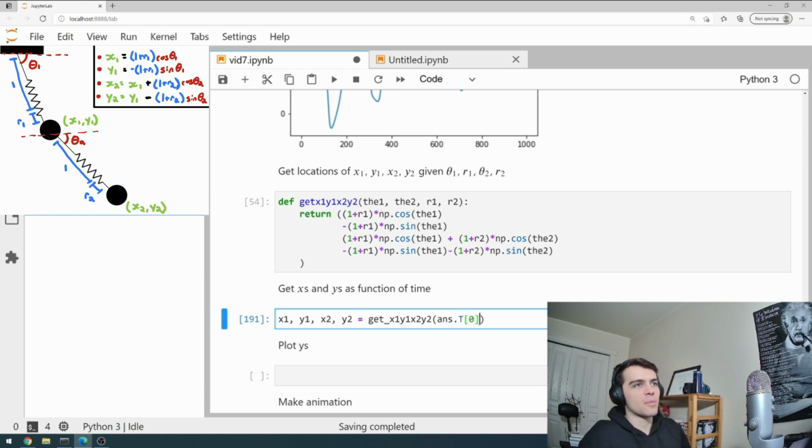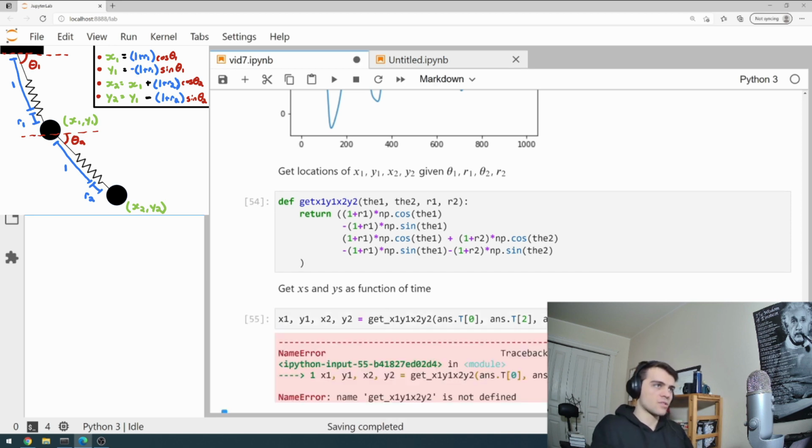Remember that this is theta 1. This is theta 2. Remember, it skips over because we have omega 1 and stuff. This is r1, and this is r2. And I need an underscore here.